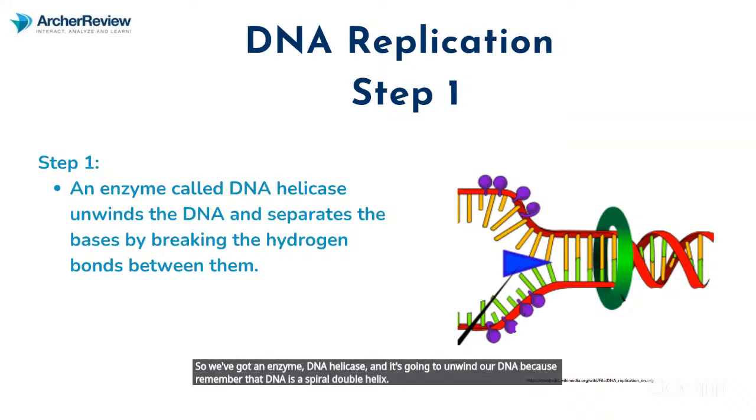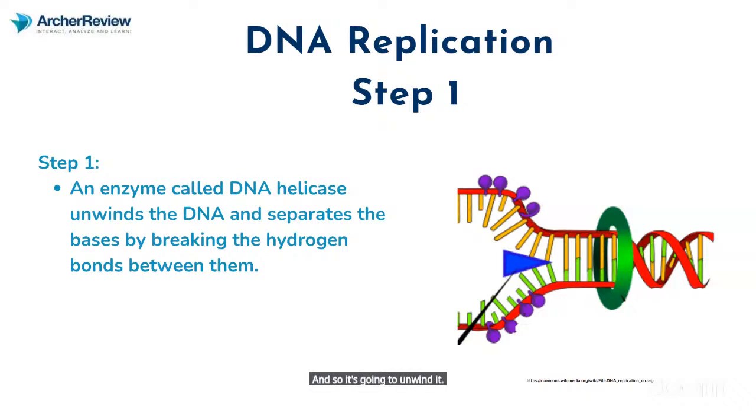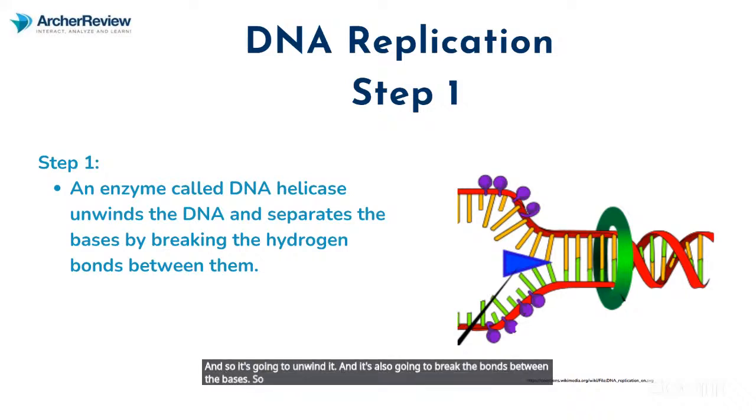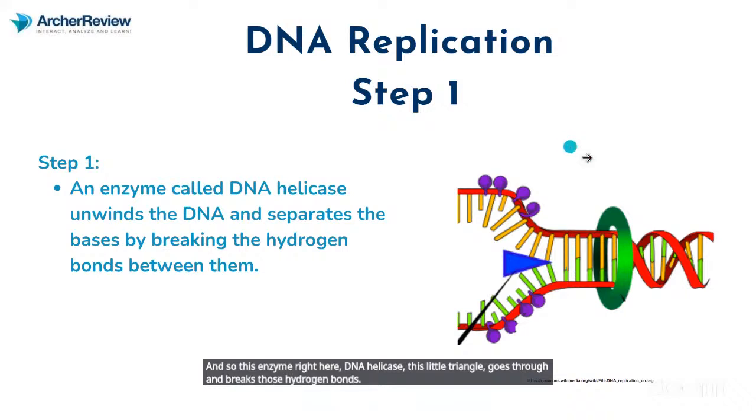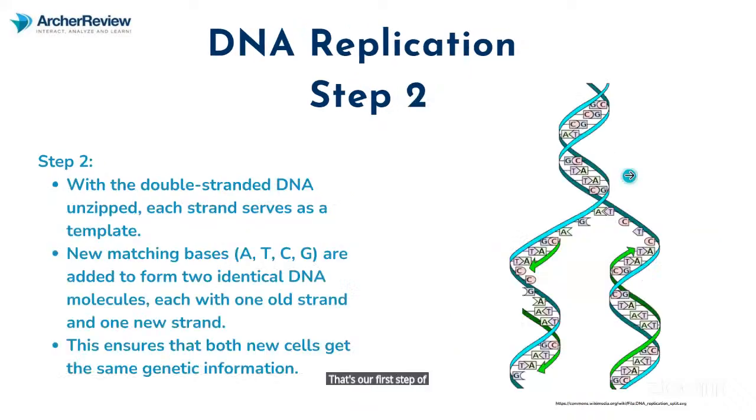And it's also going to break the bonds between the bases. So remember, cytosine and guanine are bound, adenine and thymine are bound together, and they're bound by hydrogen bonds. And so this enzyme right here, DNA helicase, this little triangle, goes through and breaks those hydrogen bonds. That's our first step of DNA replication.